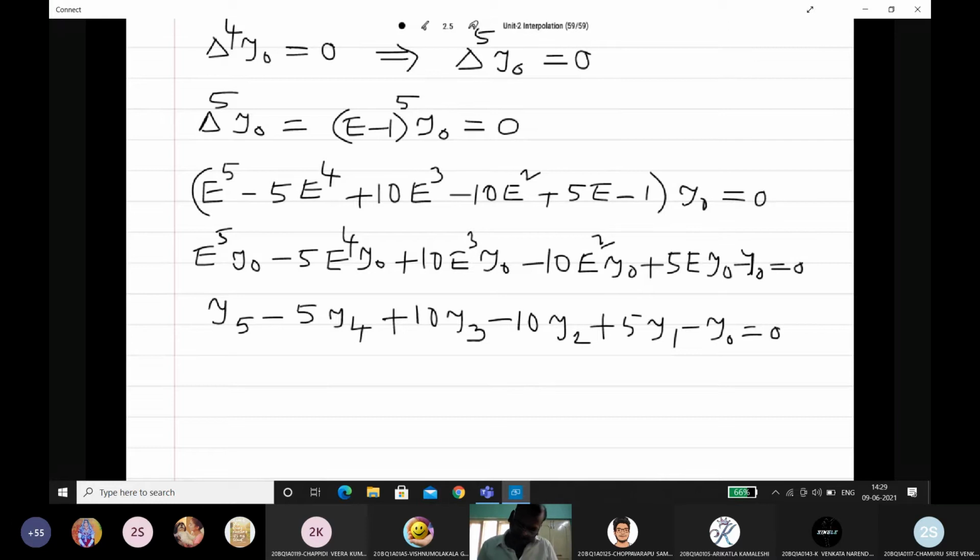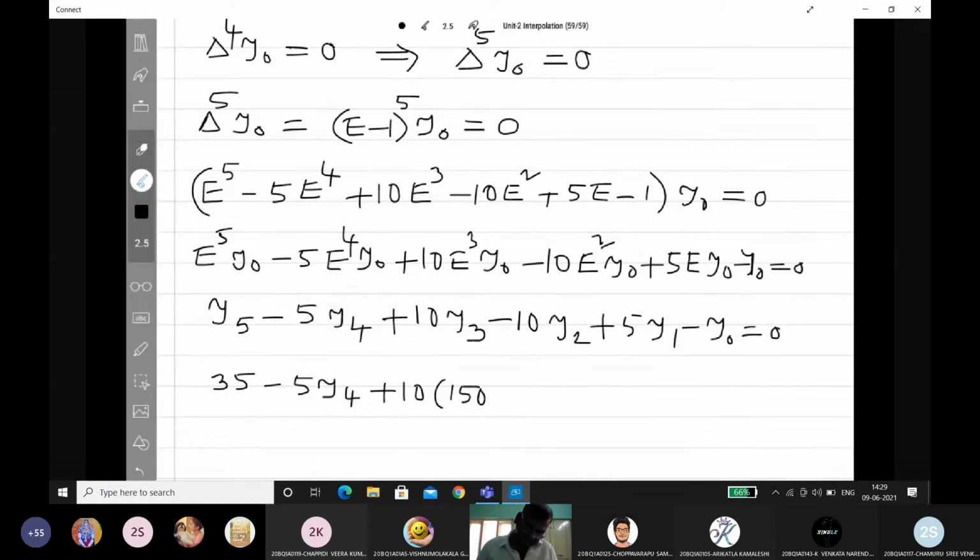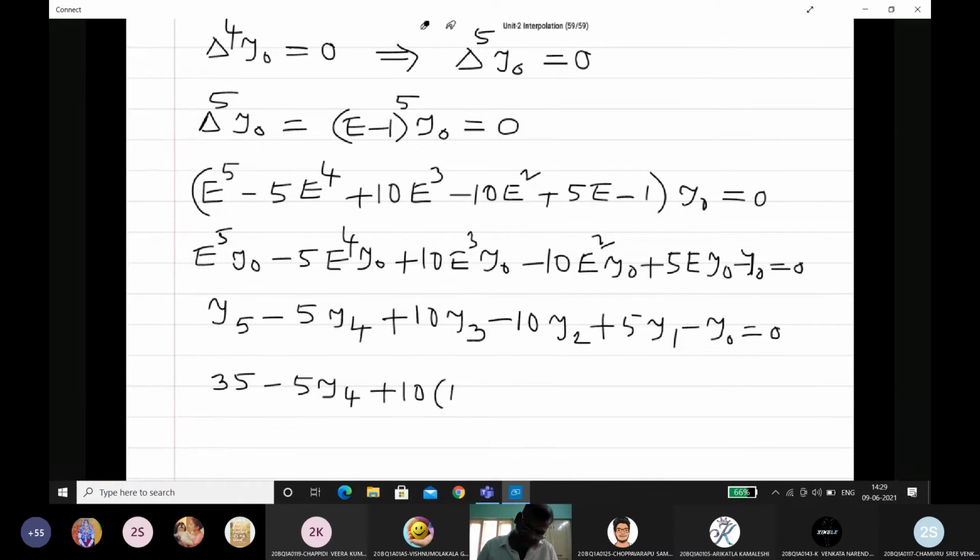What is the y5 value? 35 minus 5y4, plus 10 into the value of y3, which is 15, minus 10 into the y2 value, which is 8, plus 5y1, minus 0 is equal to 0.